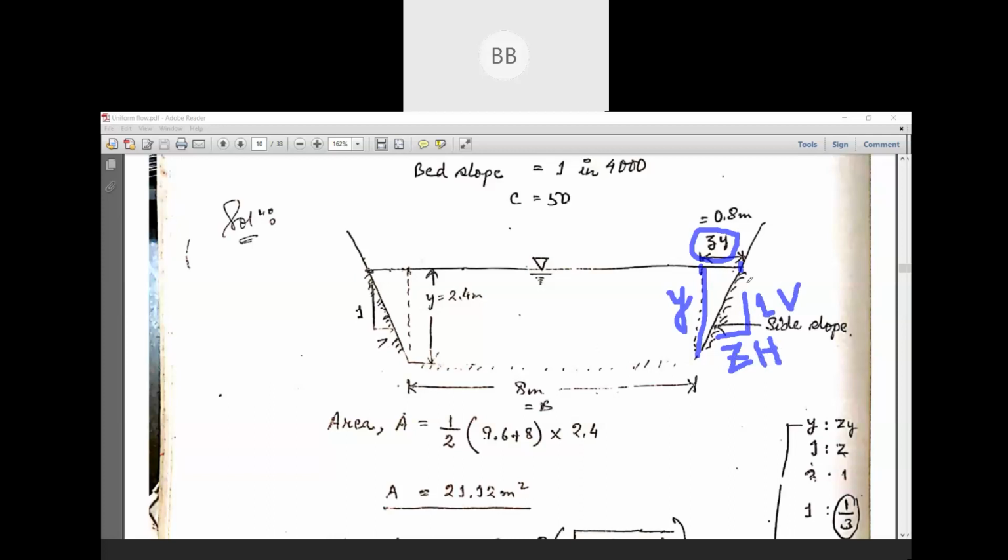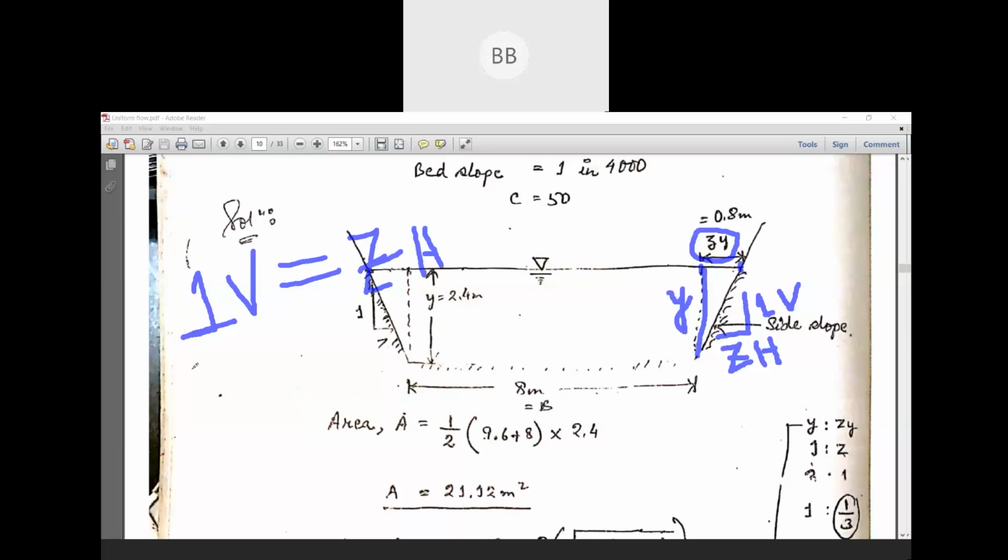This 1 is your vertical distance, and this z is your horizontal distance. What we need to calculate is this horizontal distance. What is given is one vertical is equal to z horizontal. So for one vertical we have z horizontal.